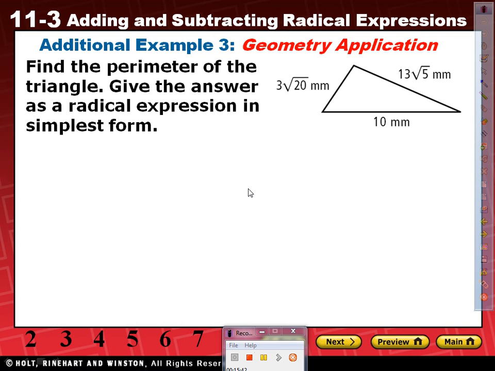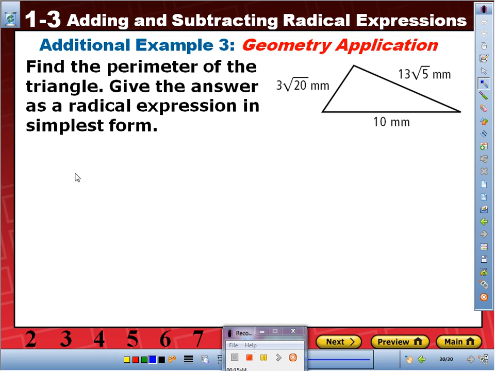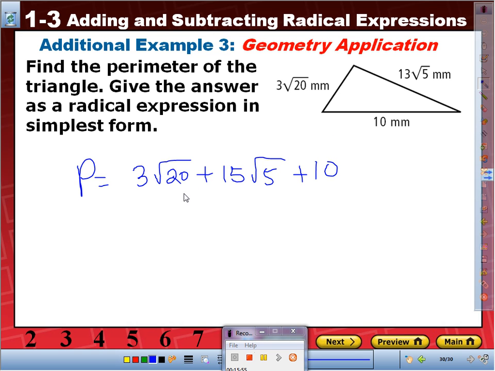Okay, let's see. To find the perimeter of the triangle, who wrote this? Perimeter equals, add all sides, so 3 square root 20 plus 13 square root 5 plus 10. Is that correct? Oh, 13. My bad. 13 square root 5. Yeah, I was testing you guys. Next, we simplify each one of these. This becomes 3 square root 4 times 5 plus 13 square root 5 plus 10.